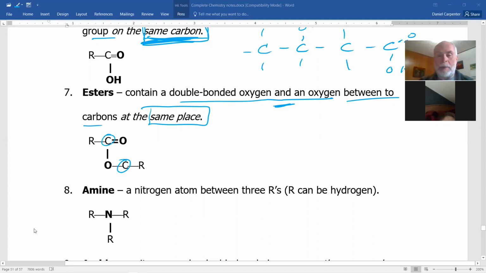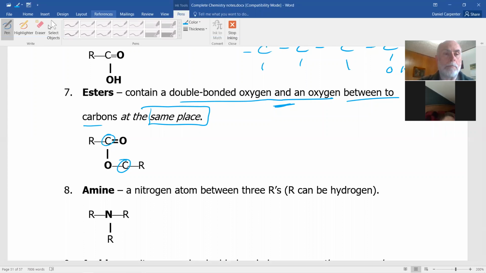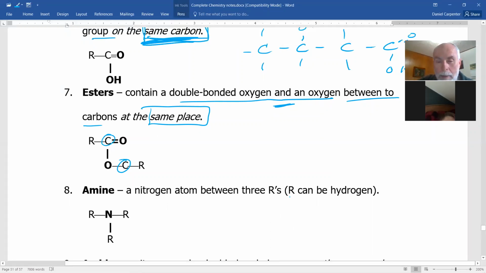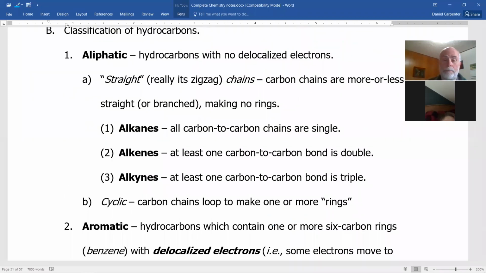So notice right here, the R can be hydrogen. Better add this, up to 2 R's. But not all 3. Then it's not a hydrocarbon anymore.